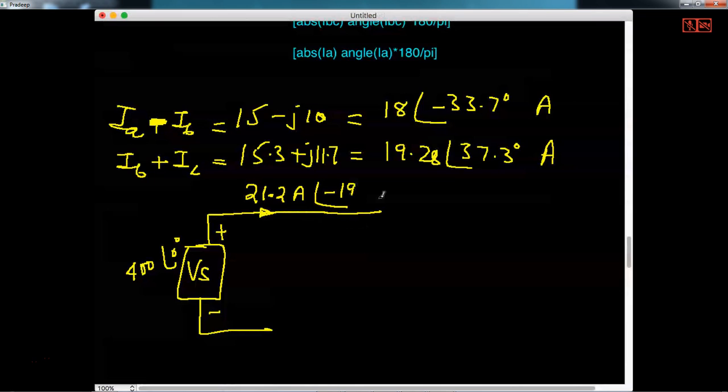Now how to compute the complex power? Complex power is nothing but V into I conjugate. This is an important formula for calculating the complex power.